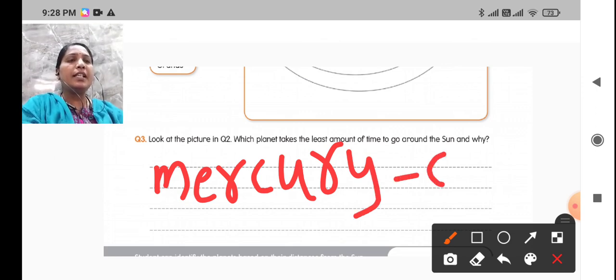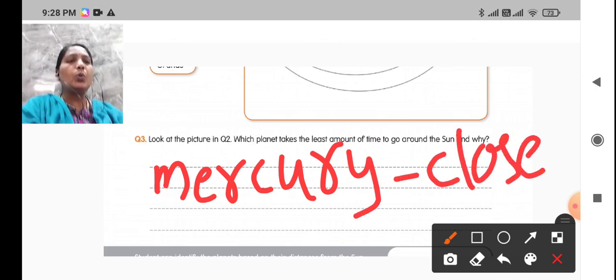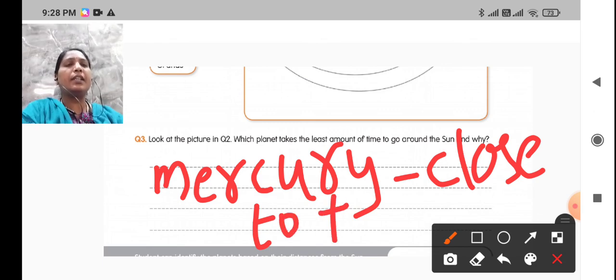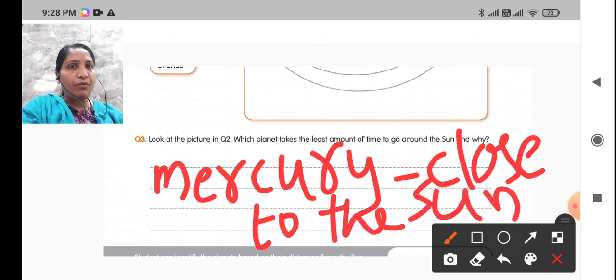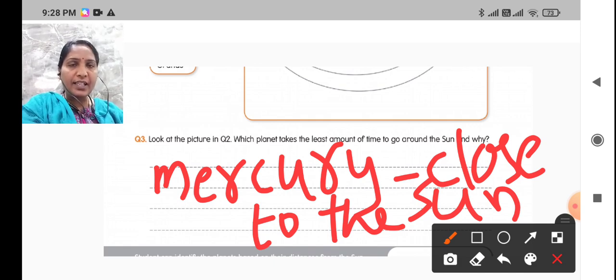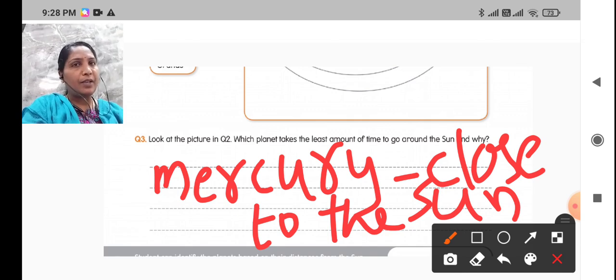The reason is it is very close to the sun. Yes, here I just gave you a hint, children. You nicely write this answer with your own words. So complete this practice questions and also from page number 17 your worksheet questions, complete them and get ready for tomorrow's class. Thank you.